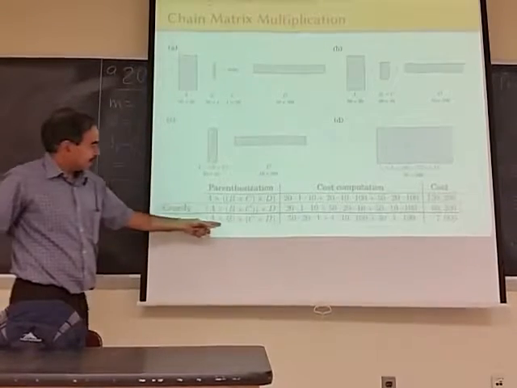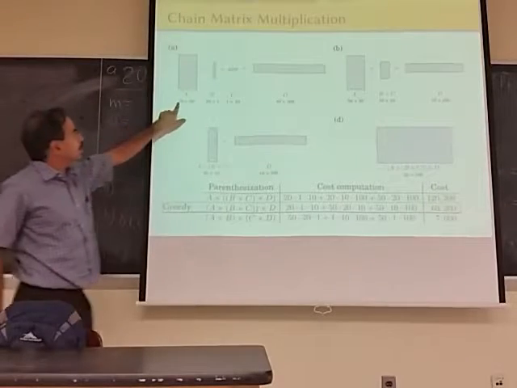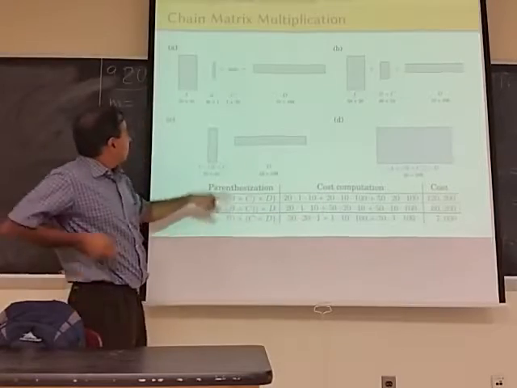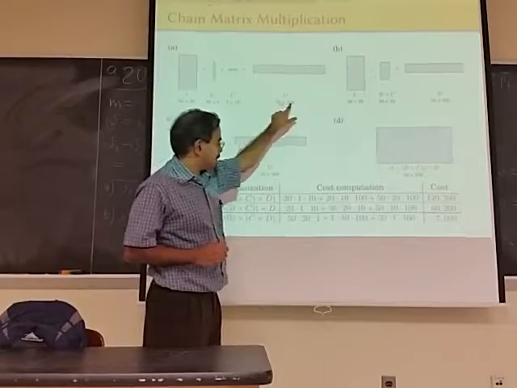But if you parameterize in this way, then you can work through the details. So you can see that this is 50 times 20 times 1, okay? And then we're going to do C times D, which is 1 times 10 times 100.